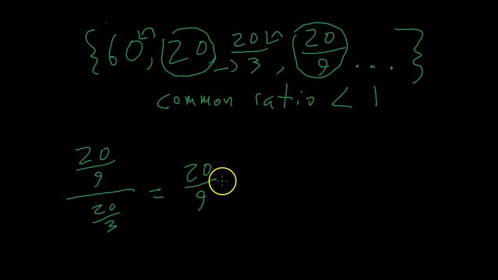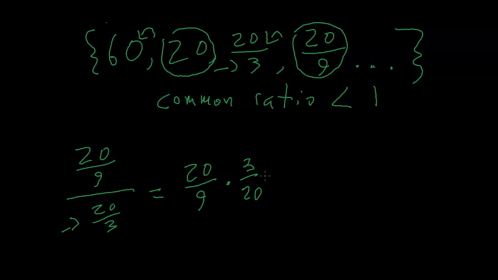Then you take the fraction you're dividing by and take its reciprocal, which means you flip it upside down. So that becomes 3 over 20. So 20 over 9 divided by 20 over 3 is the same as 20 over 9 times 3 over 20.